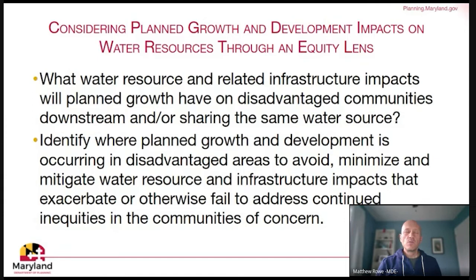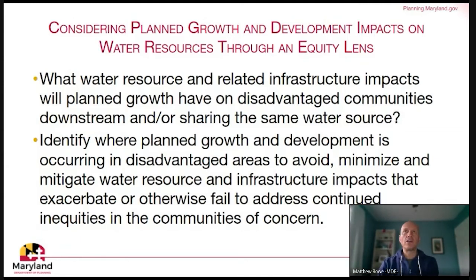So we just provide some questions to think about, the tie-ins as you go about developing your water resources element, and that could be what water resource and related infrastructure impacts will planned growth and development have on disadvantaged communities downstream and or sharing the same water source in the event that you're having water appropriations and withdrawals as a result of new development. So, just keep that in mind as you go about your work.